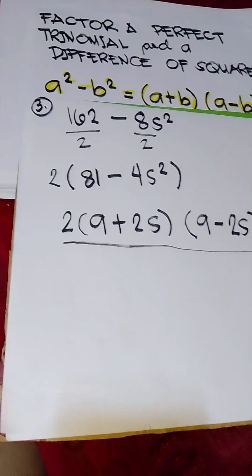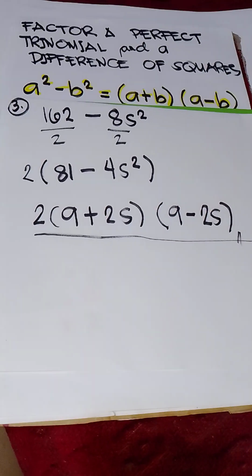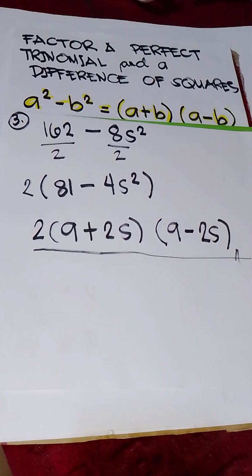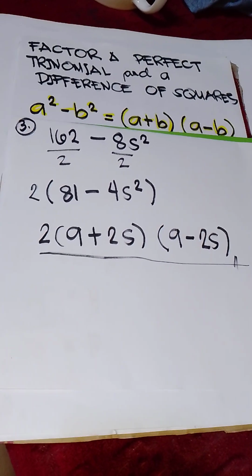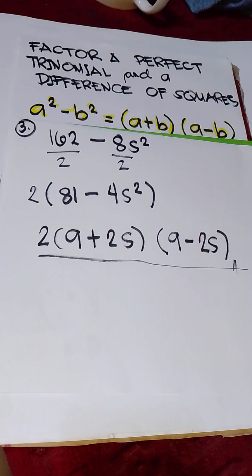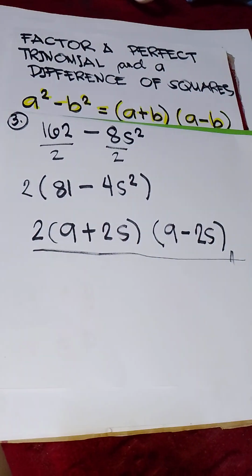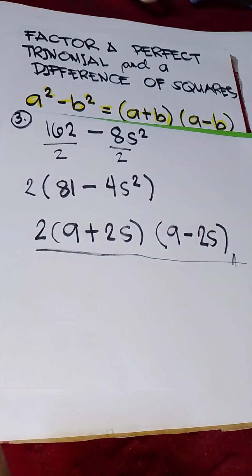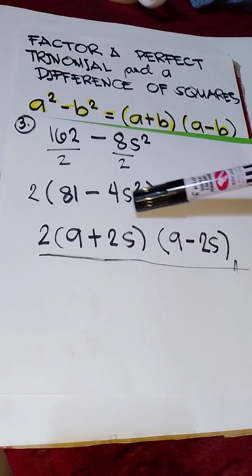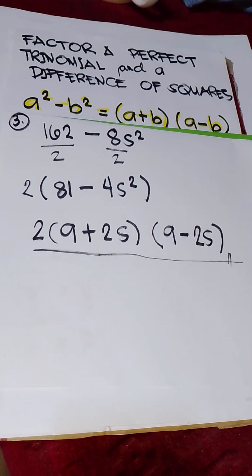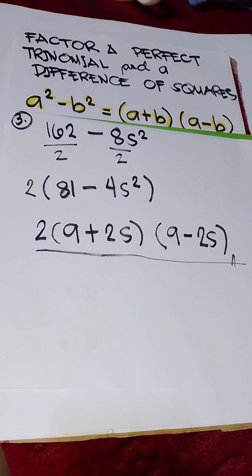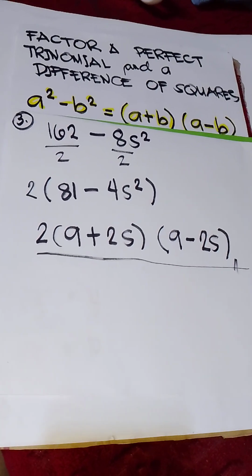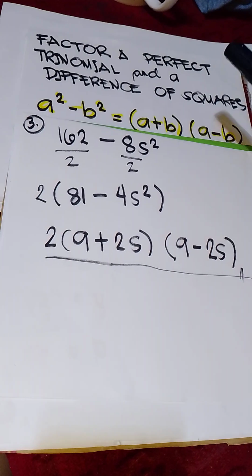If you see a given difference of squares and the terms are not perfect squares, let us observe the given. If they have common factors, then you simplify them first, and after simplifying, if the result is still not a difference of squares, therefore they cannot be factored using this format.